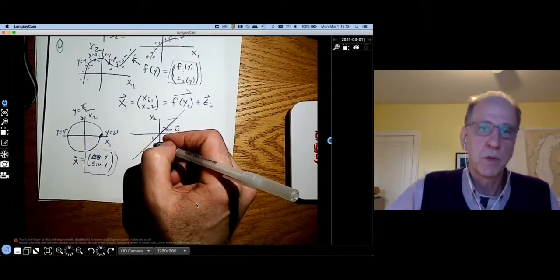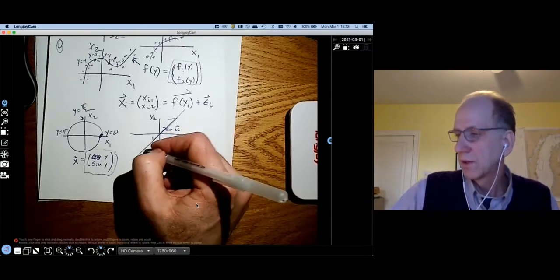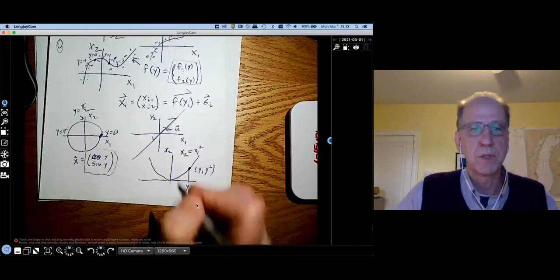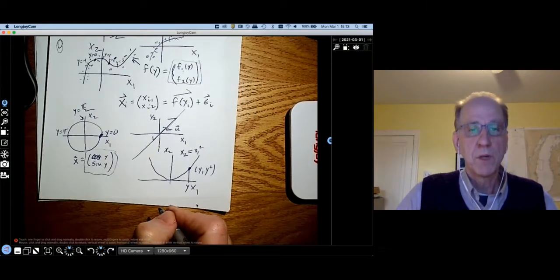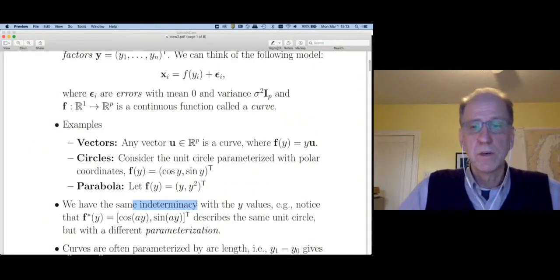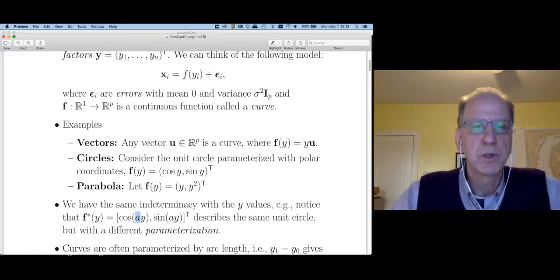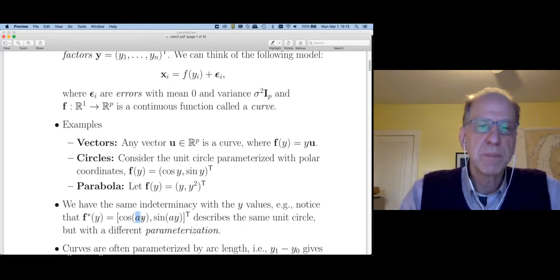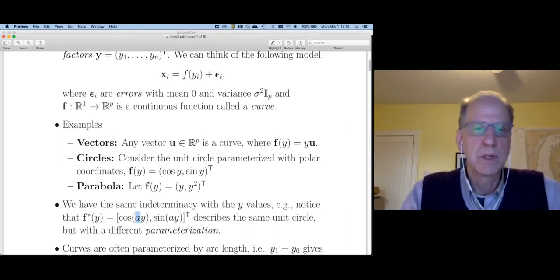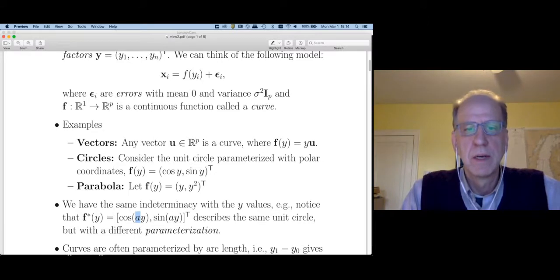So in general, there were an infinite number of u vectors that all describe this subspace. Unfortunately, with curves, the problem gets even worse. For example, with the unit circle, I could multiply my parameter y by any constant, and I would have exactly the same circle. That constant could even be negative, so instead of going counterclockwise around the circle, I go clockwise around the circle.